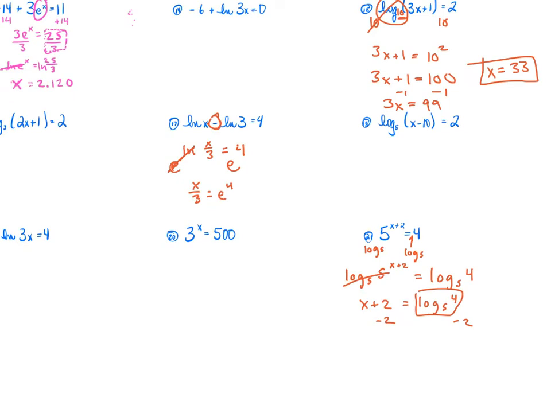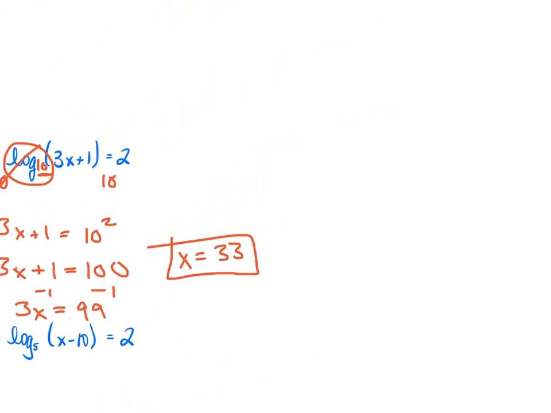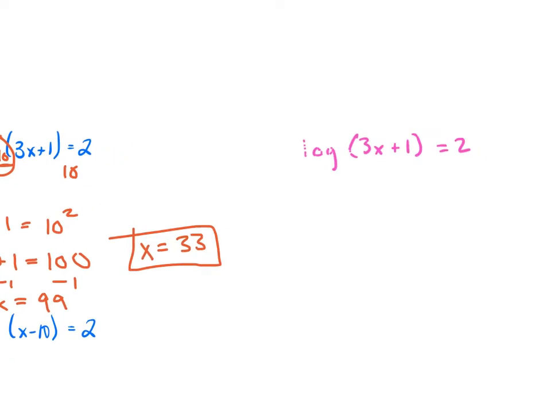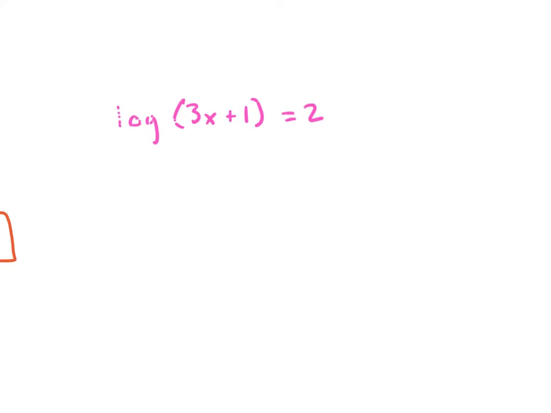We'll do 15 again. So I'll do it on the side here. Log of 3x plus 1 is equal to 2. What do we need to do first here? So we know our log has a base of 10.